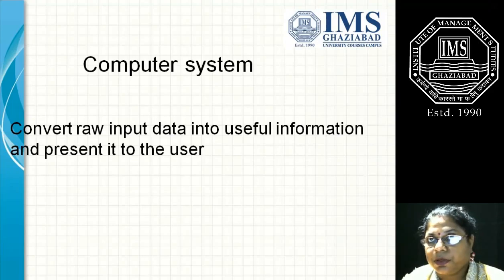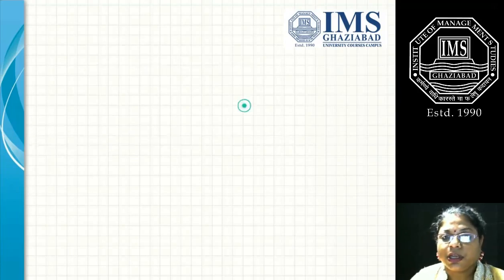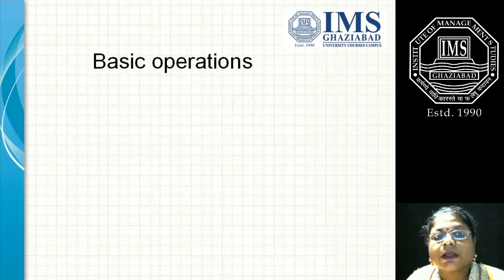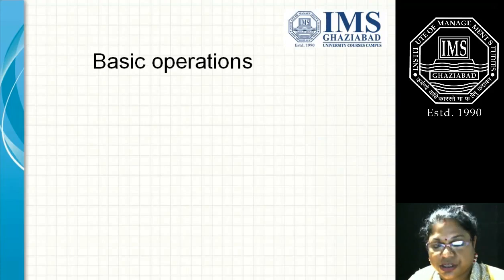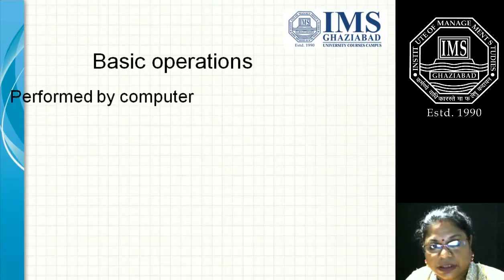This raw input data has to be provided by the user, and it will be given back to the user as meaningful information. For converting the raw data into useful information, the computer requires certain basic operations. What are those basic operations?